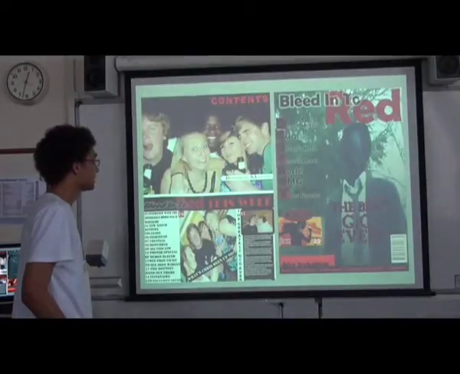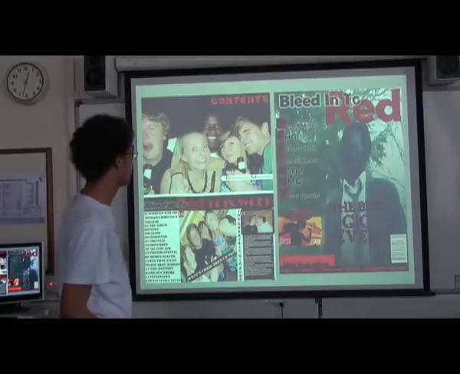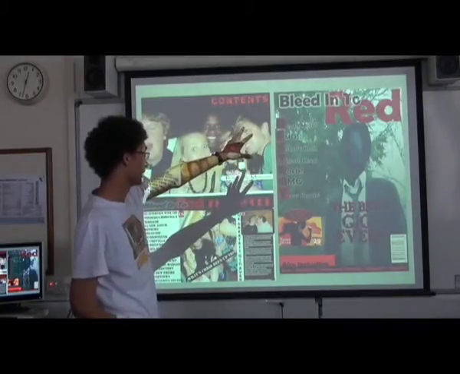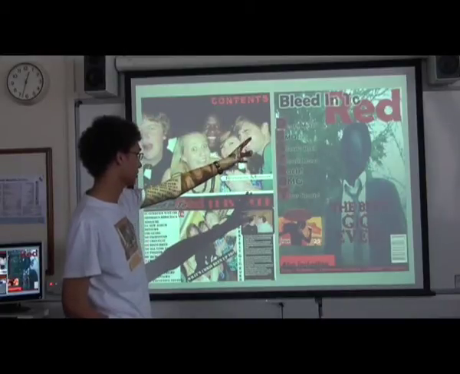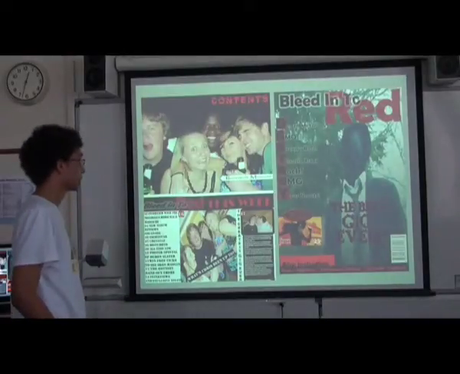And here is my contents and my main page. As you can see, I used here Bleed to Red. I've also got it faded slightly, and the red is a crimson red colour, which gives it that strong look.